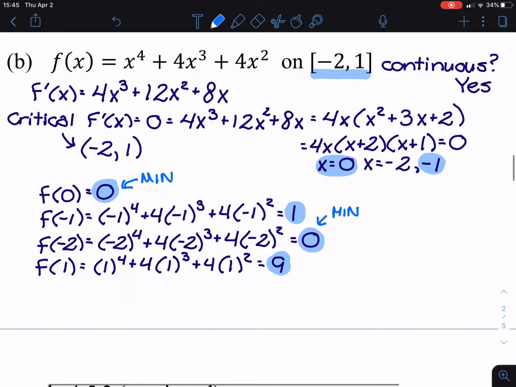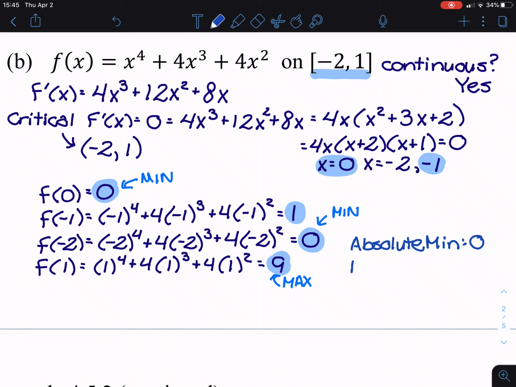And then here at 9 is my absolute max. So my solution here: my absolute min is 0, and my absolute maximum is 9.